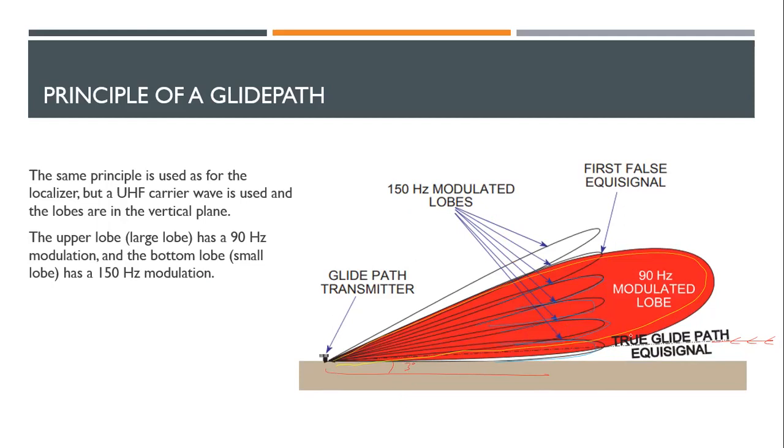That happens just when the 150 hertz is halfway through the 90 hertz. So if I follow my true glide slope or glide path signal line, that is 3 degrees, that will have zero difference in depth of modulation.